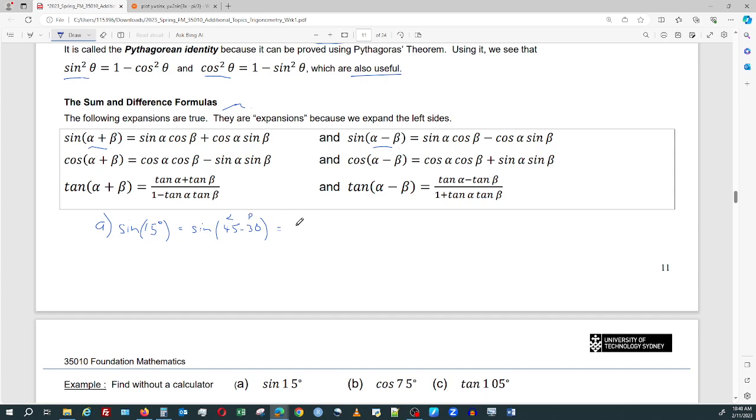And say sine 45 multiplied by cos 30. So that gets our first part out. Now, what do they mean? Here you see the white sheet.